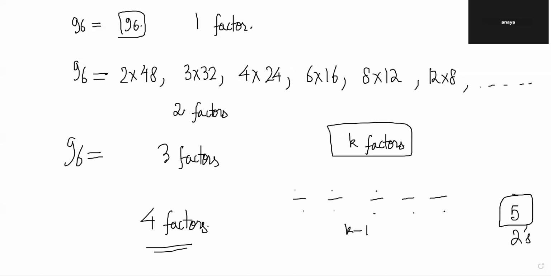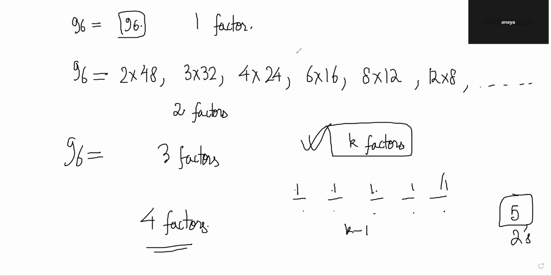Actually, every box must have at least one 2 for sure. The reason is that we are saying there must be k factors. If one factor had no 2, then that factor would be gone. Do you understand what I'm saying? Yes, I understand. There are k factors.